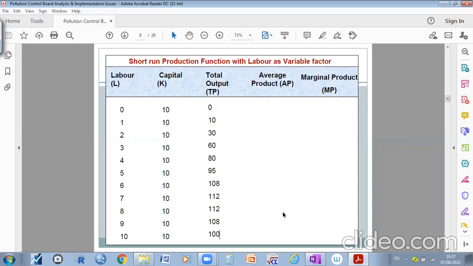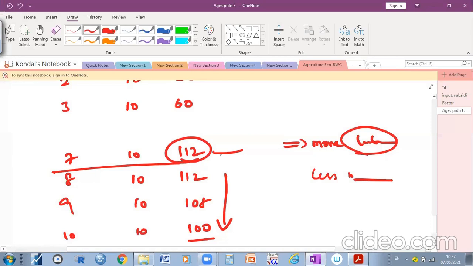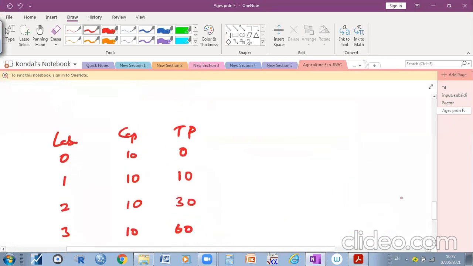Yes, sir. So this is the total output. But how can we calculate the average output? That is called TP by Q or labor.